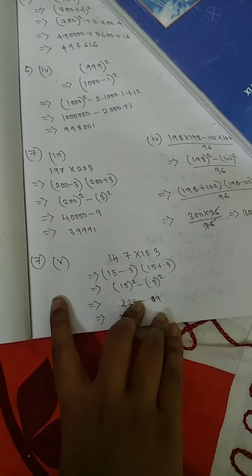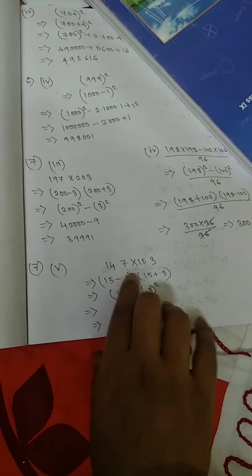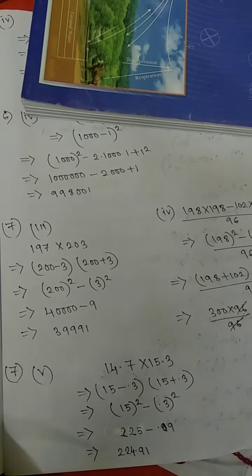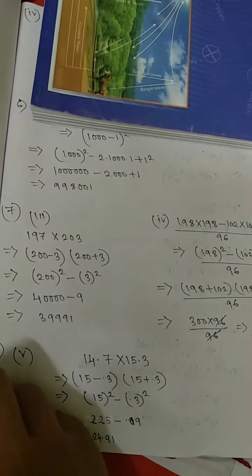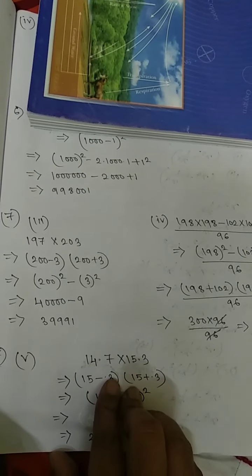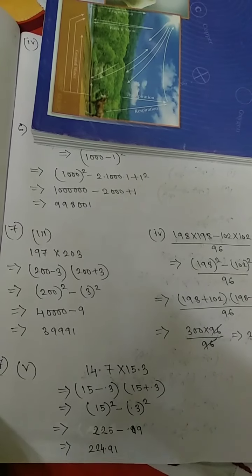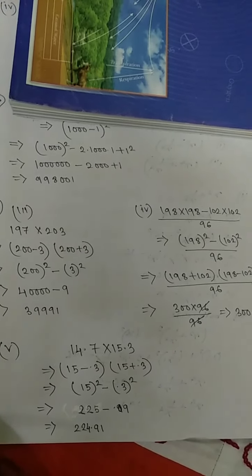Again see sum number 7-5: 14.7 into 15.3. Now if we subtract 0.3 from 15, then you will get 14.7. And if we add 0.3 with 15, then we will get 15.3.